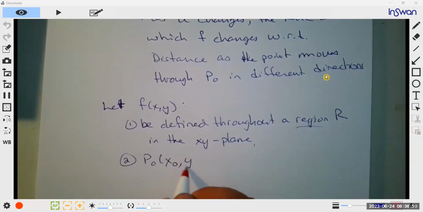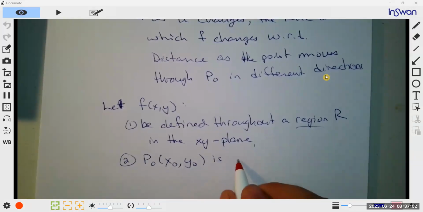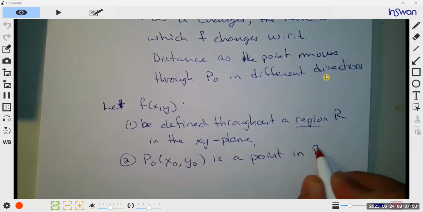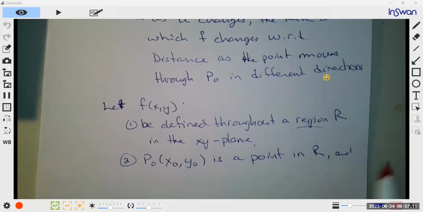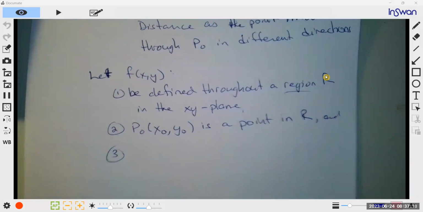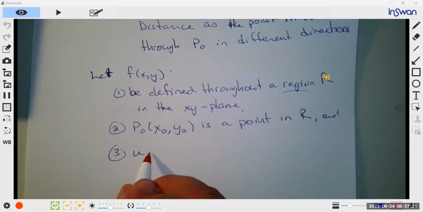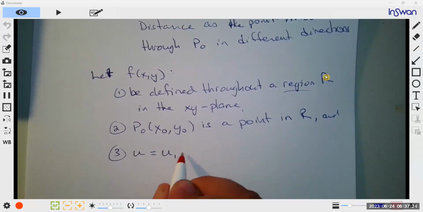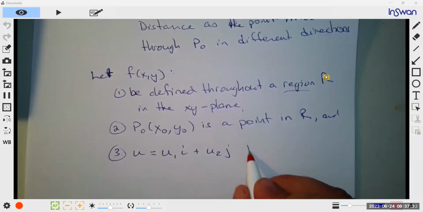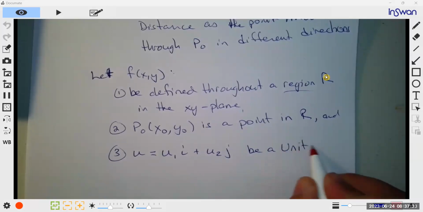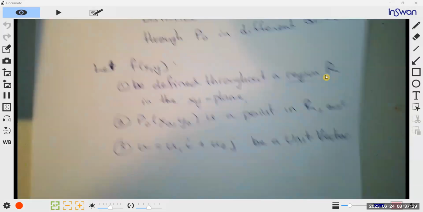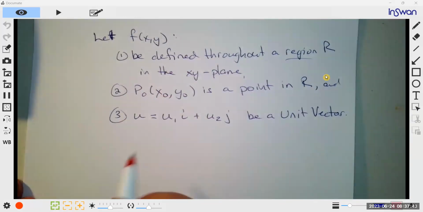P sub 0, x sub 0, y sub 0, is a point in the region R, and lastly, the vector u is defined as u1 i plus u2 j, a unit vector. So that affects all this.